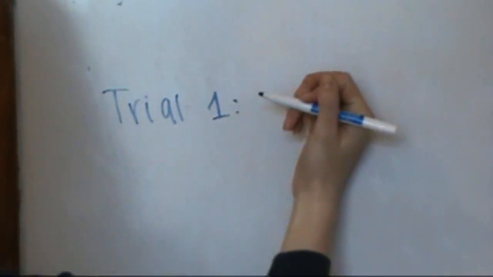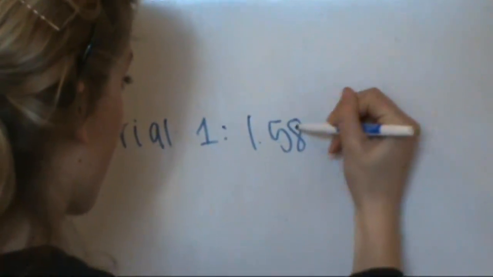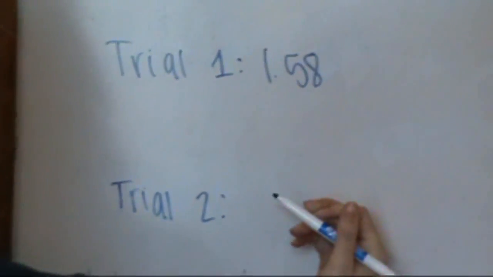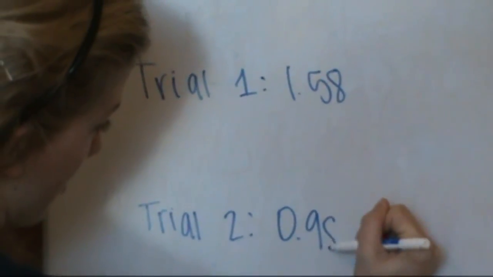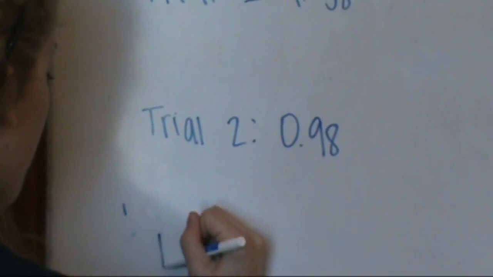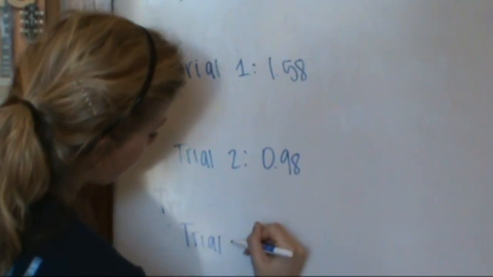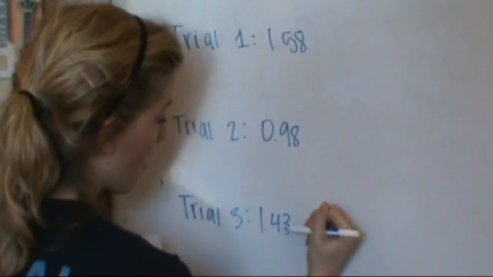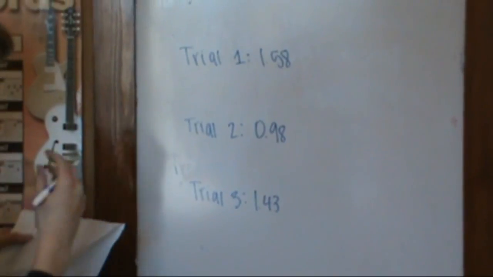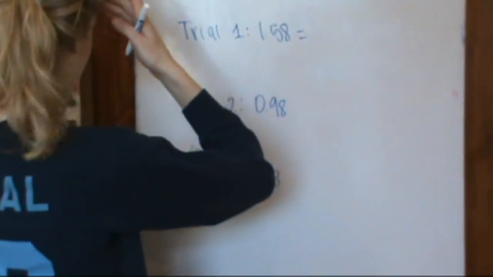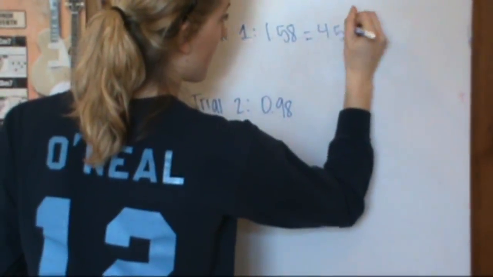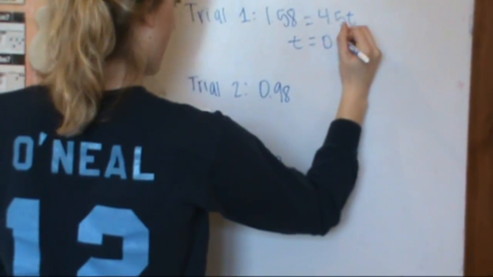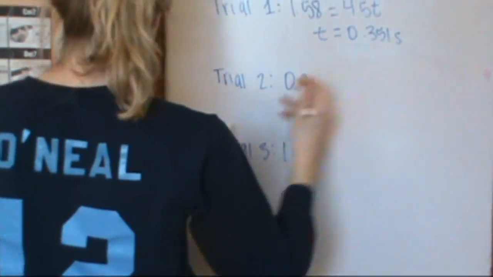So the horizontal distance for trial 1 was 1.58 meters. For trial 2, it was 0.98 meters. And for trial 3, it was 1.43 meters. Now to find the time it took, we do 1.58 equals 4.5 t, and we find the time for that one was 0.351 seconds.